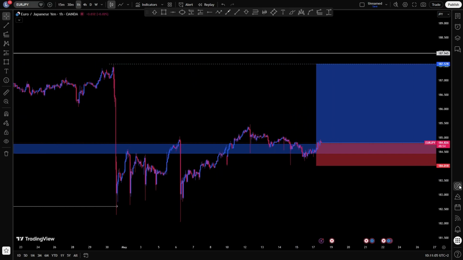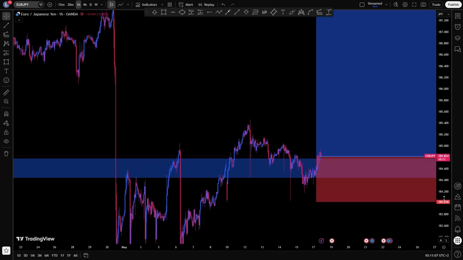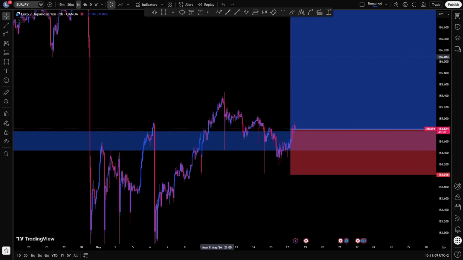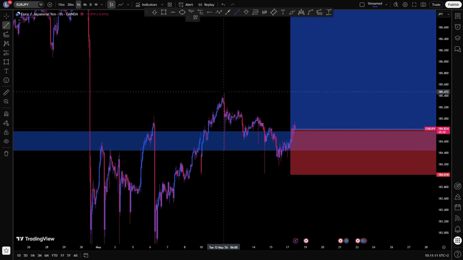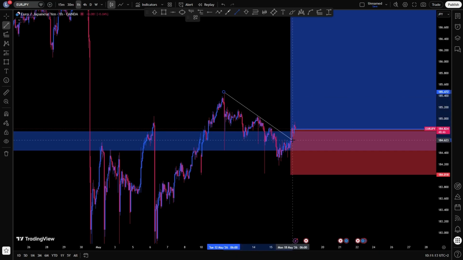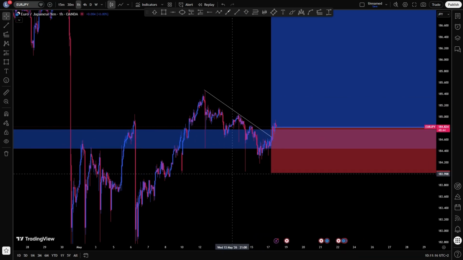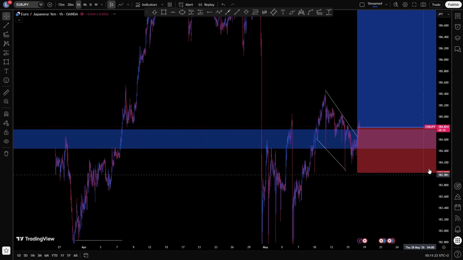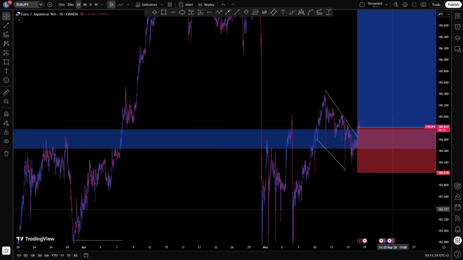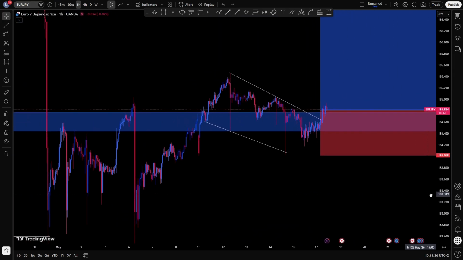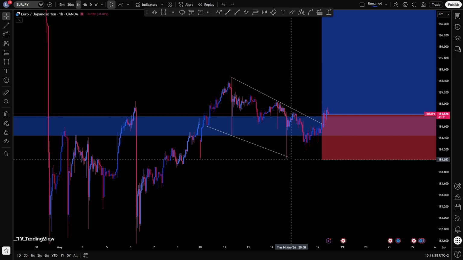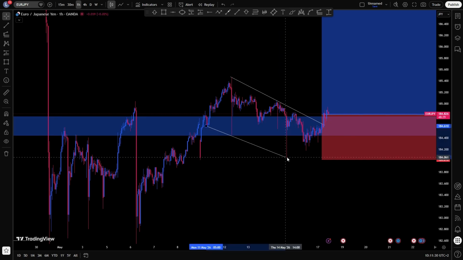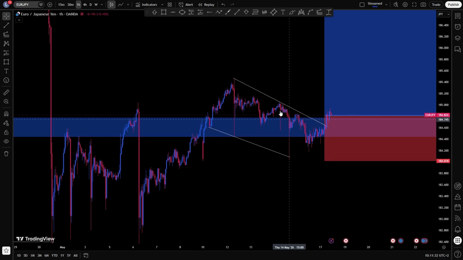And also, since we broke here, we have a very bullish flag, which is here, that indicates to us that we are really buying. It's not the most beautiful one, but it is there, and the market has respected it.